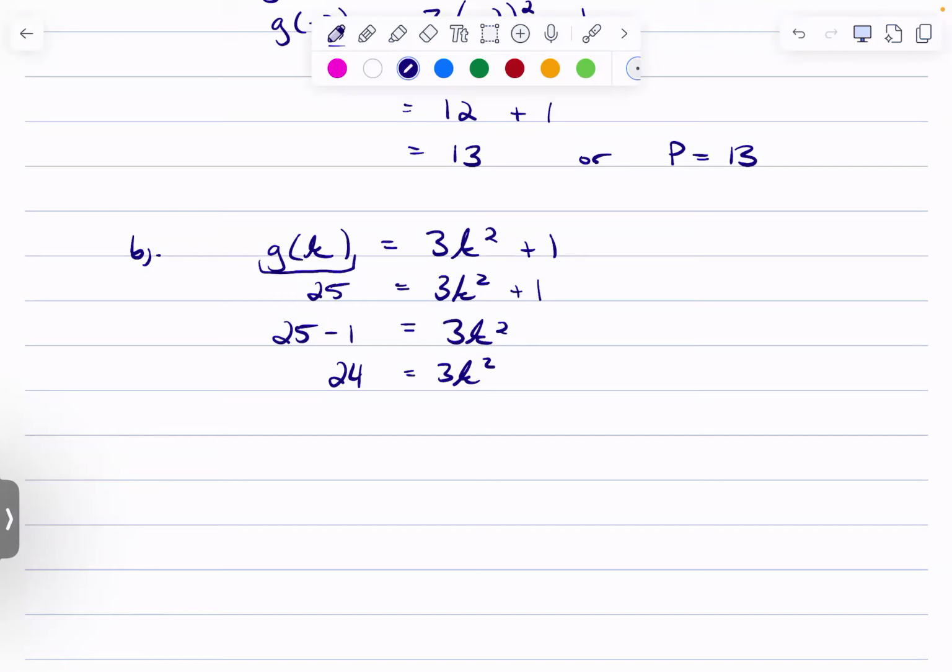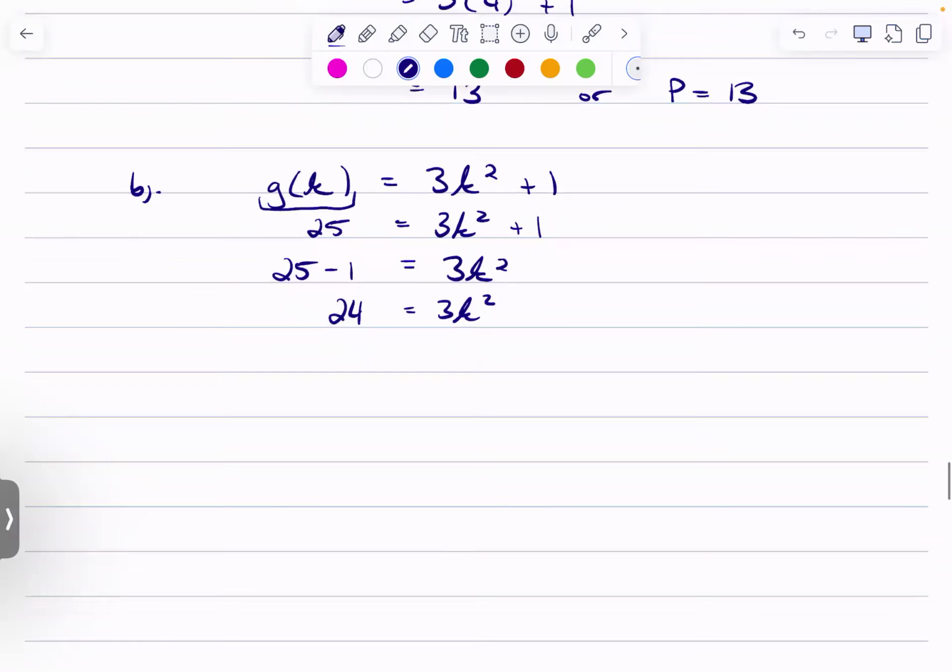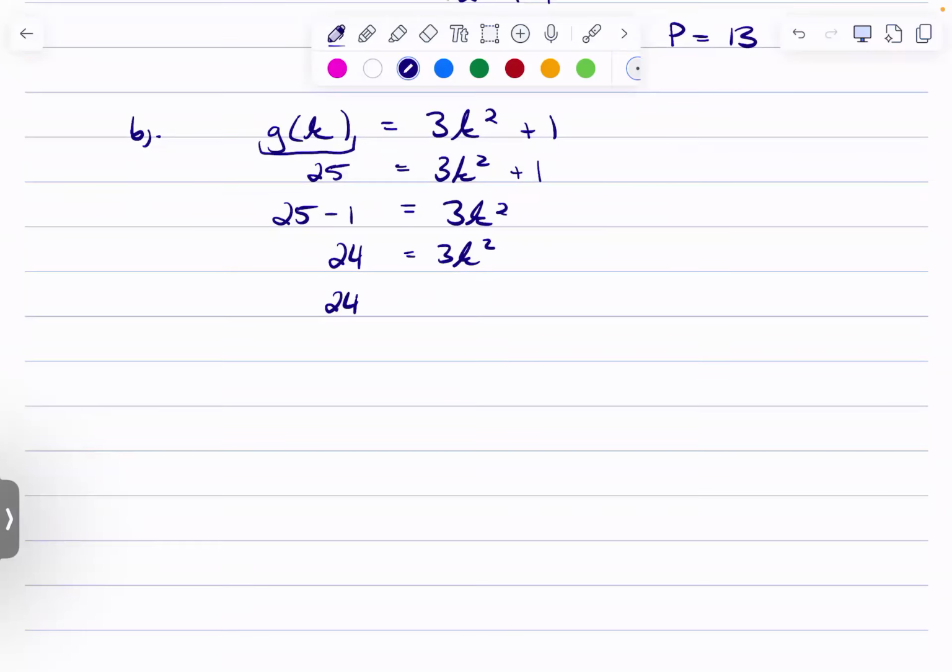I have to divide both sides by 3. So 24 divided by 3 is what? 8. I've got some go-tos. 3 times 7 is 21. Add 3. Sold. It helps that I have the head knot going on here too. So 8 is k squared.